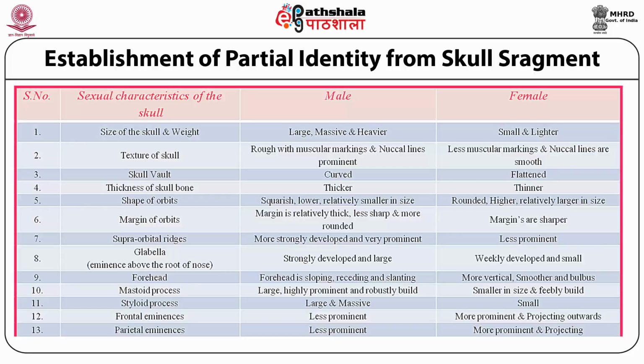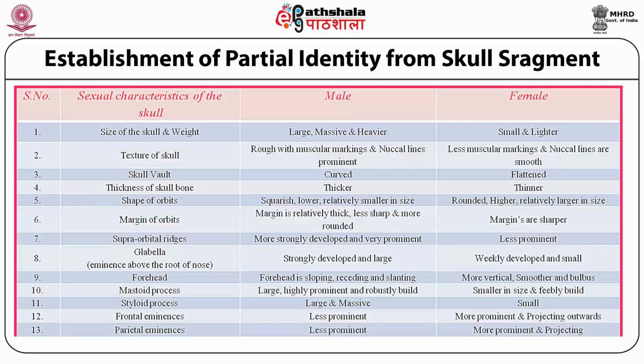The identity establishment can also be done with supraorbital ridges, glabella, forehead, mastoid process, and styloid process, that are large and massive in case of males and small in case of females.